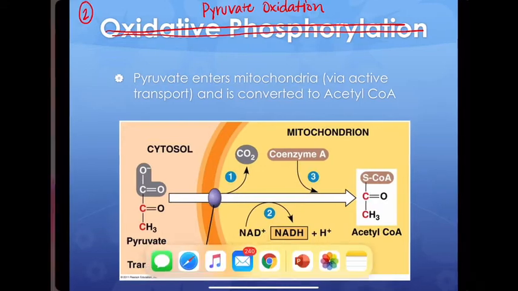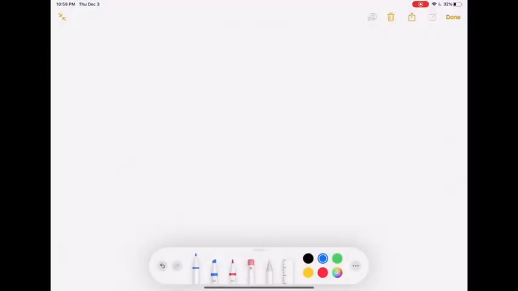So let's go ahead and get our paper out and kind of draw to review from yesterday. So step 1, we had glycolysis. And glycolysis, remember, is the breakdown of glucose.